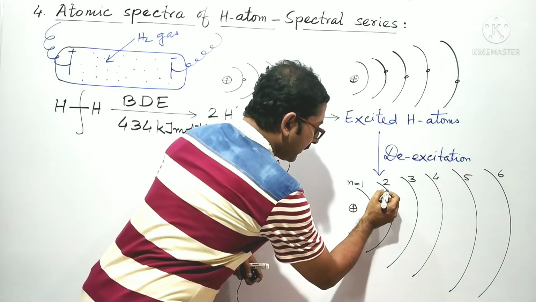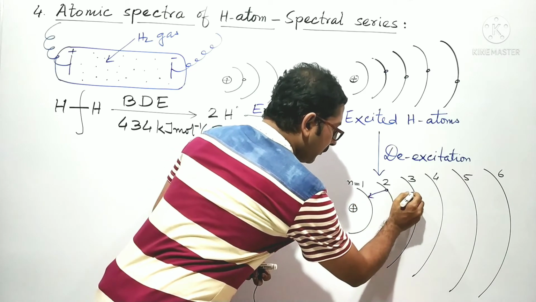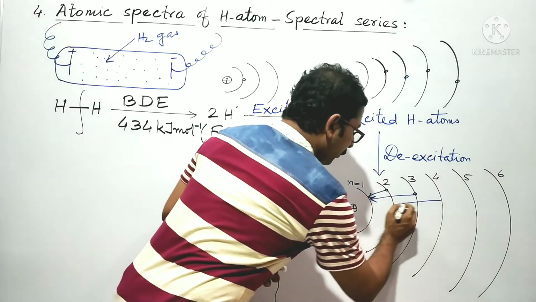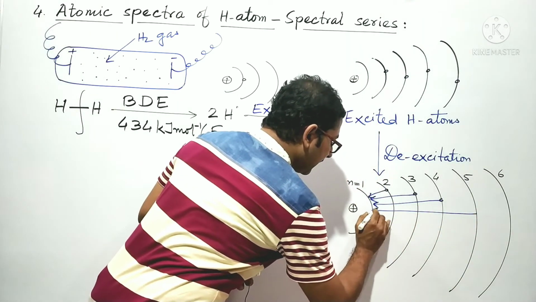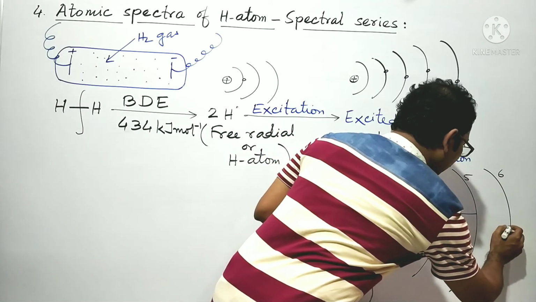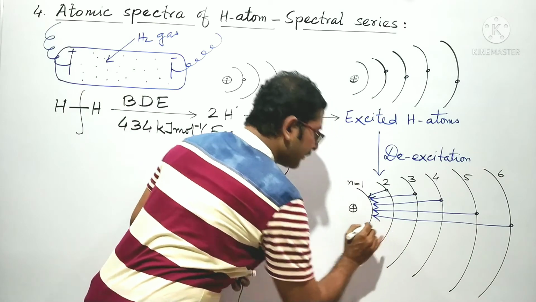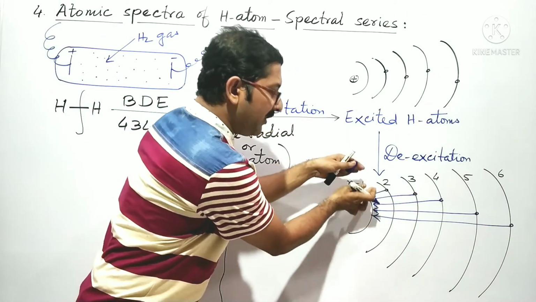Now if the electron is present in the second orbit, it can come to the first orbit. From the third orbit, it can come to the first orbit. From the fourth orbit, it can come to the first orbit. From the fifth orbit, it can come back to the ground state. From the sixth orbit, it can also come back to this state. Okay, so actually a series of lines can occur.